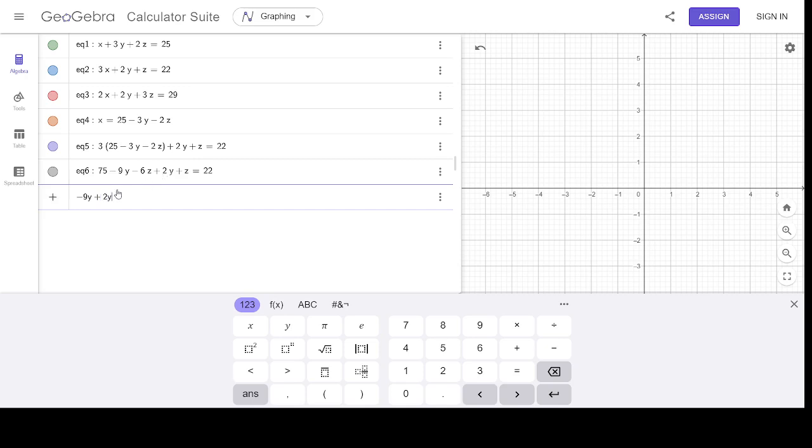Then we come to z: minus 6z plus z is equal to 22.